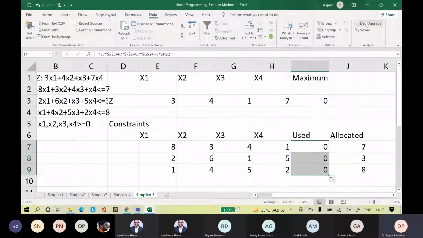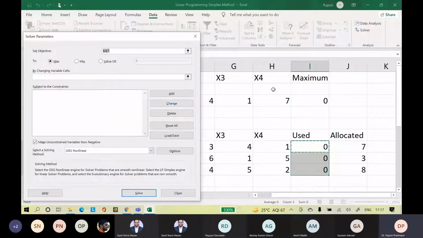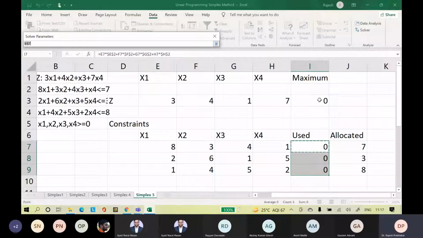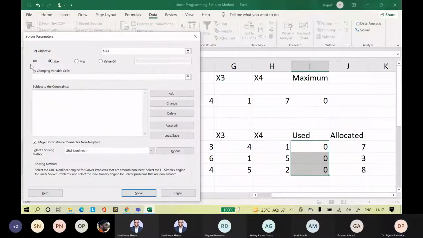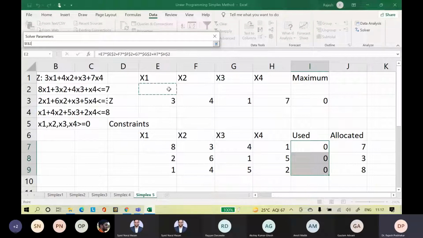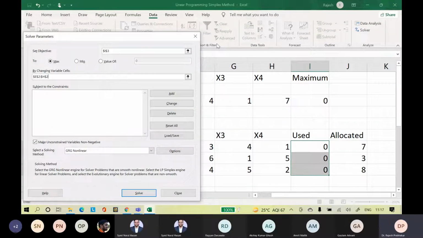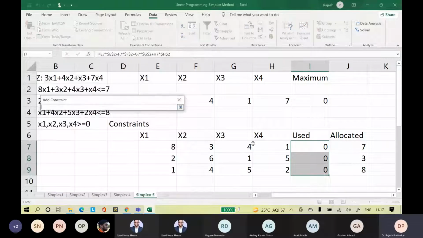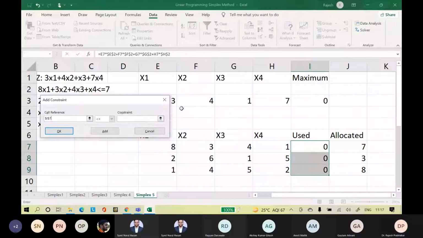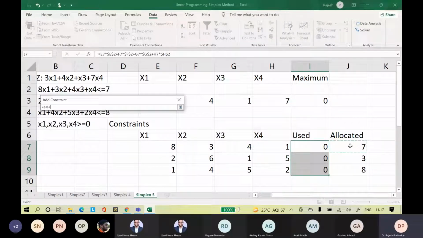Now Data, then Solver. Maximum cell is this. Then max by changing values this. Then subject to constraints, add condition this less than equal to constraint this.